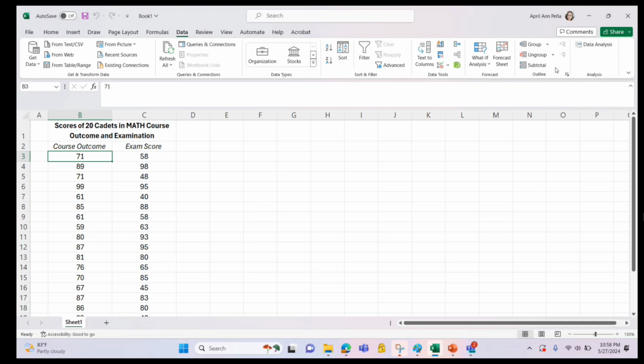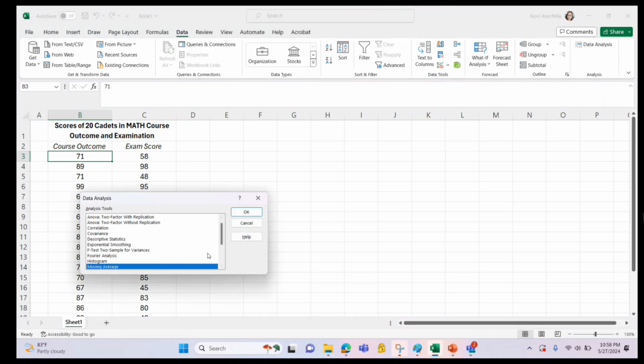Next. Since you already have here the data analysis, we're going to click it. The first thing that we need to do is the correlation, because we are asked for the correlation coefficient.